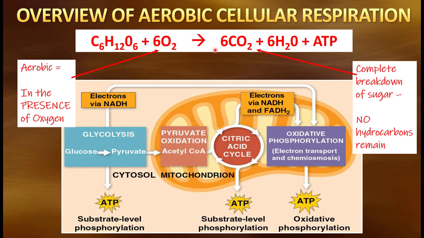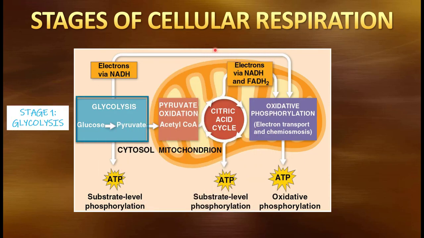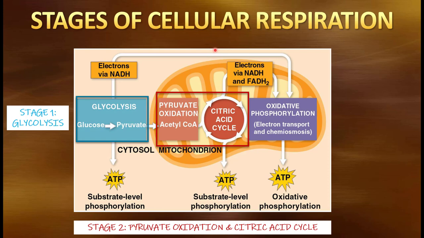Now, to be able to do this is going to be many steps, as we've indicated before. So we're going to see lots of different steps of cellular respiration. Let's just briefly take an overview of those steps. Stage 1 is glycolysis. Then we have stage 2, which really consists of two steps here: the oxidation of pyruvate and the formation of acetyl-CoA, and then we have the citric acid cycle.